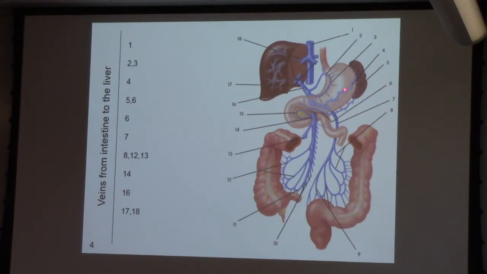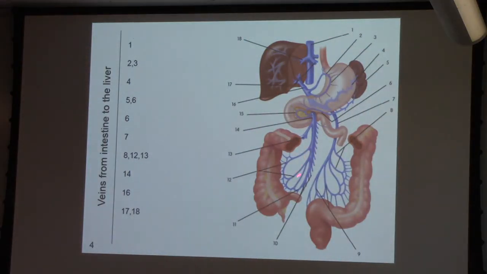4 would be the splenic vein. Okay, 4 is the splenic vein. Is 7 the inferior mesenteric? Yes, 7 is the inferior mesenteric vein. And that makes this the superior.